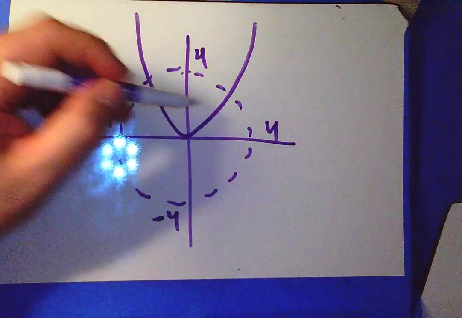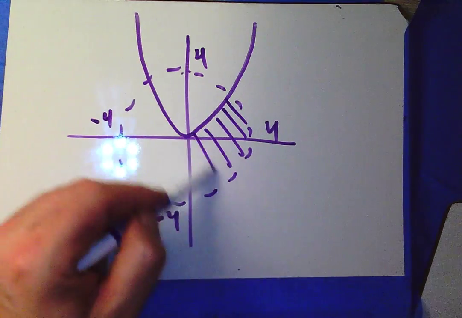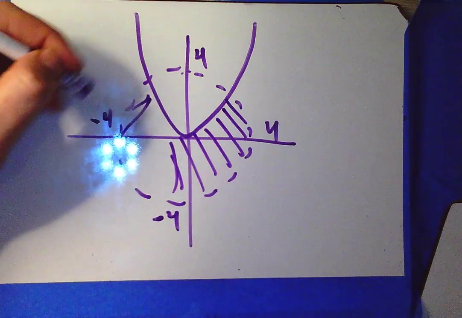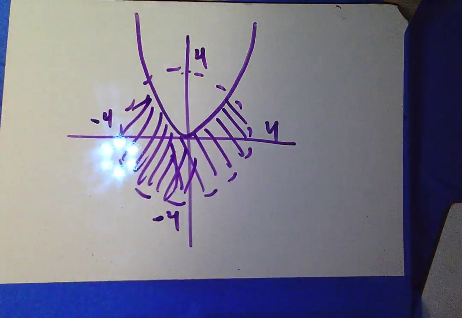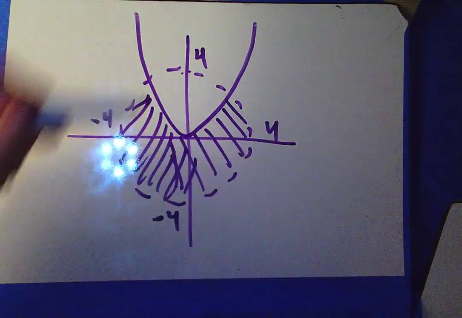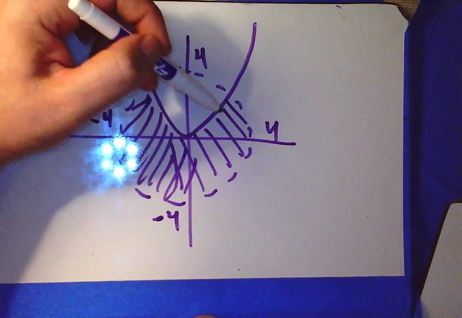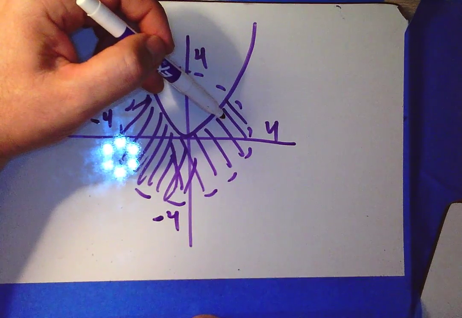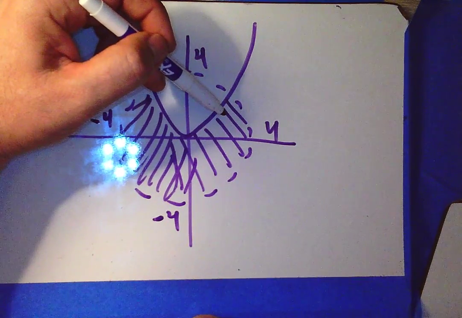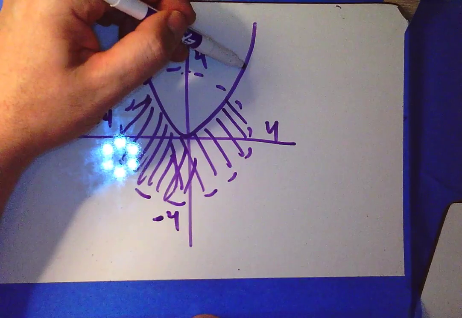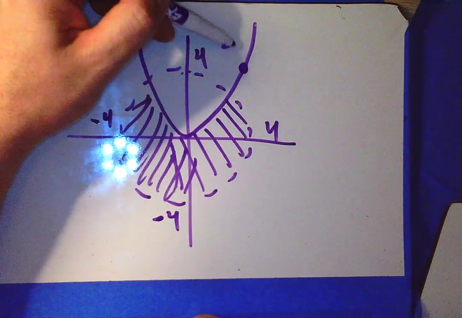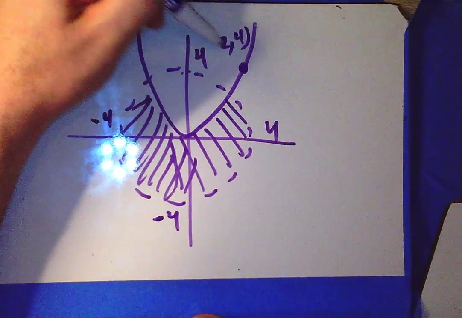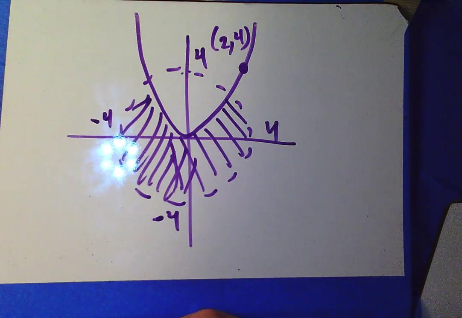And then I want to shade here. Oh, I need to give you a second point on the parabola. Okay, so let's say I've got the point 2, 4 on my parabola.